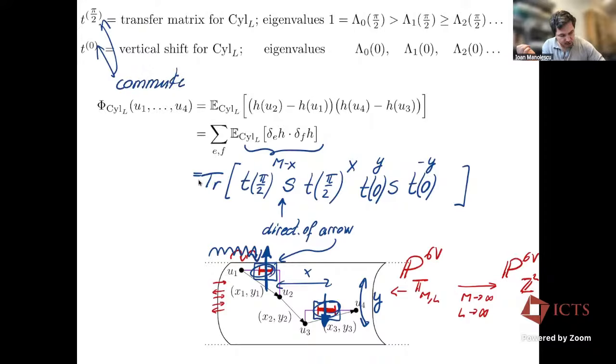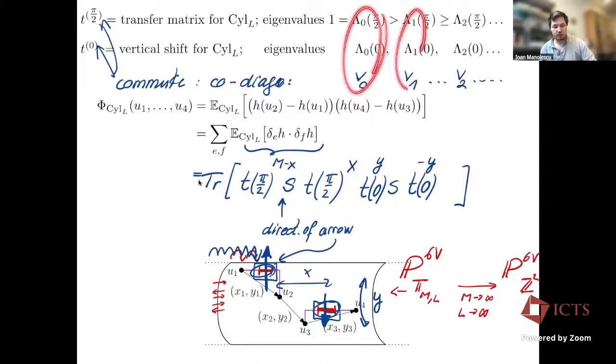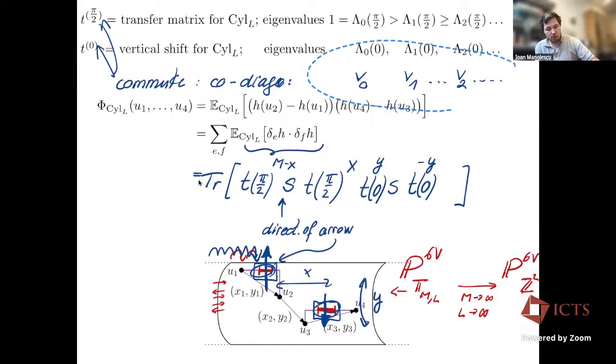And so they're co-diagonalizable, in an orthonormal basis actually, which we call V0, V1, etc. And these are the corresponding eigenvalues. So when you compute this trace, it's very natural to look at it in this basis of eigenvectors of the two transfer matrices.